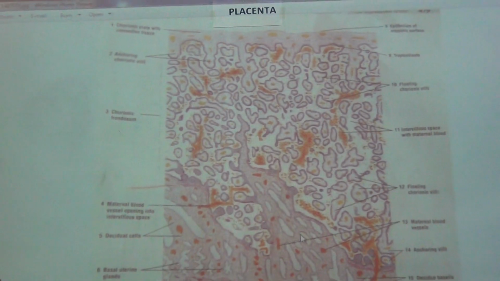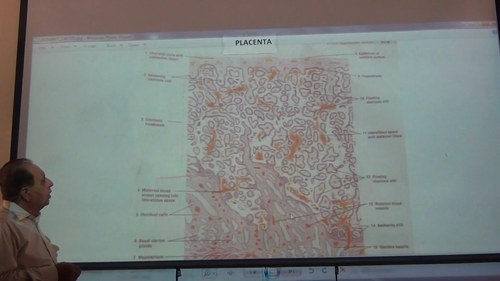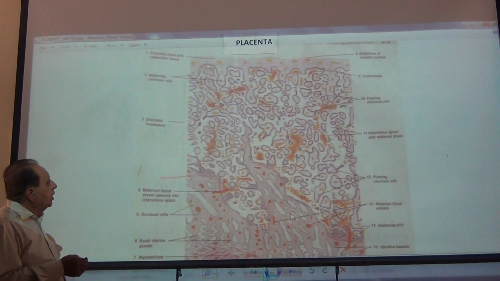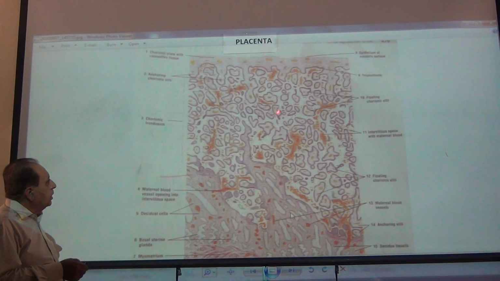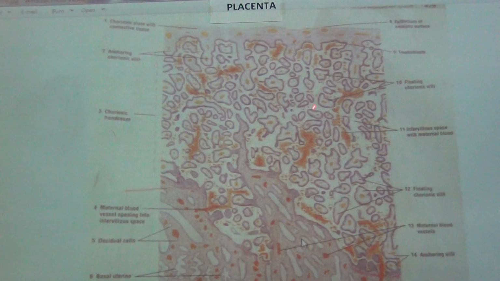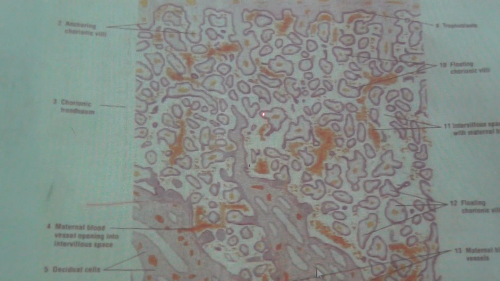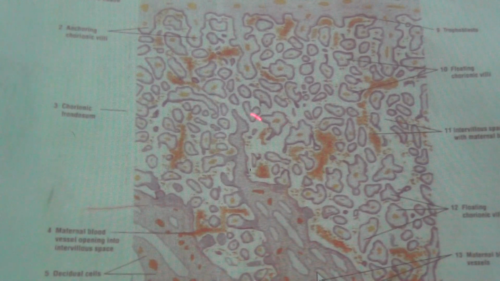Now, that was about the villi and their intervillous space, which contains the maternal blood, and these villi float in the maternal blood. The villi are covered by the trophoblast, and they contain the fetal blood vessels.